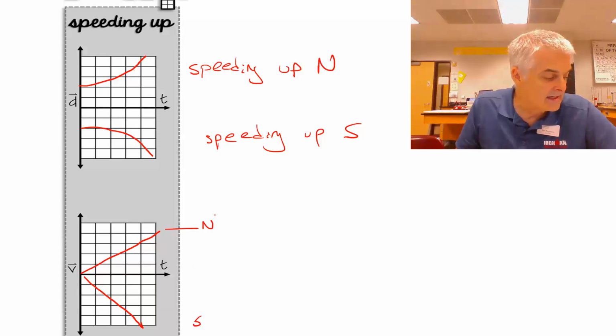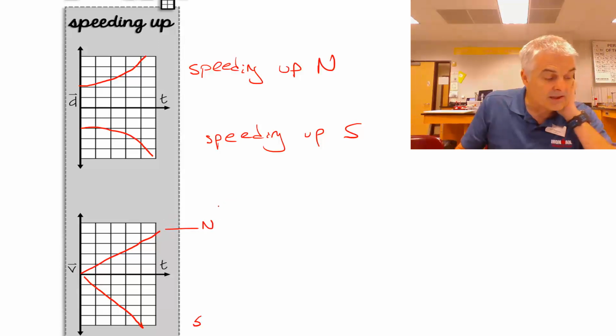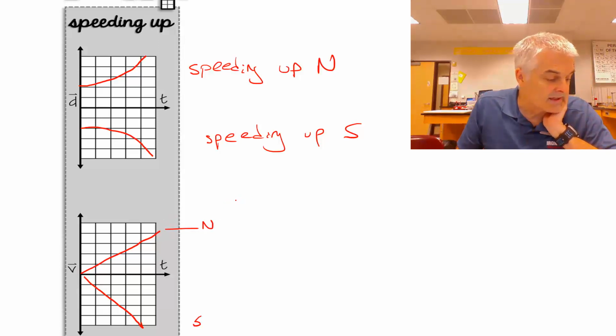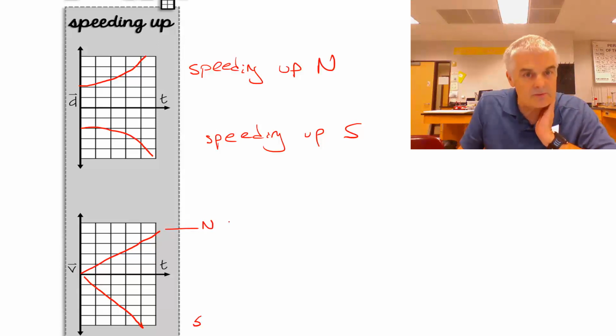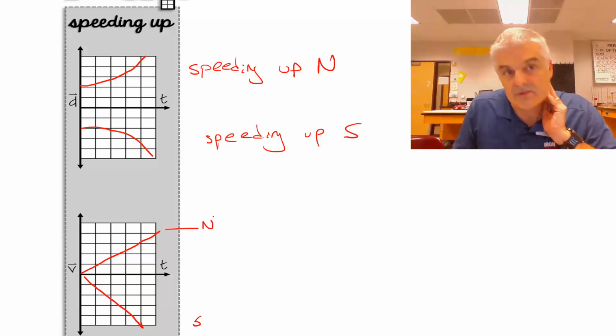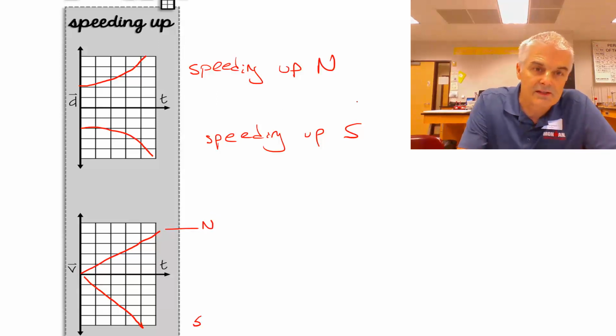As V gets further from 0 meters per second, the speed increases because they're going faster and faster. At first they're going 1 meter per second, and then 2, and 3, and 4, and then 5. That's what acceleration is. You're getting faster and faster, or you're getting slower and slower, because it's actually the change in velocity over time.